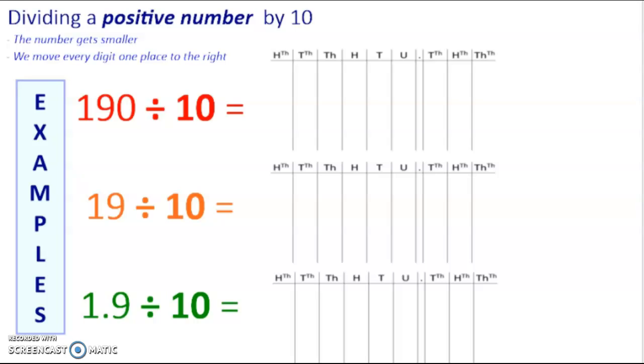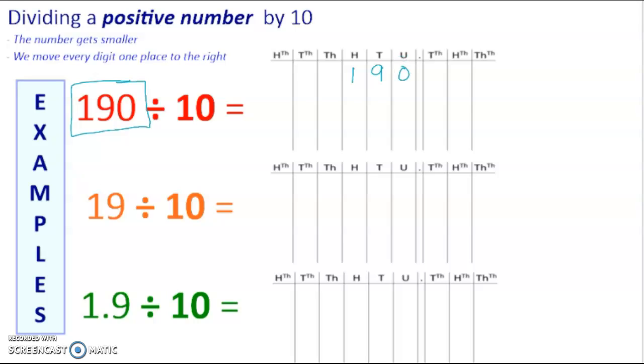So I've got 3 examples here on the screen. I'm starting with my red one, which should be the easiest, which is 190 divided by 10. I'm going to start by putting my number 190 into the place value chart. So the 1 goes in the hundreds column, the 9 goes in the tens column, and the 0 goes in the units column.